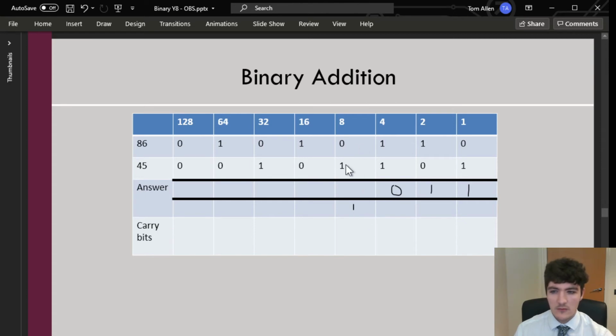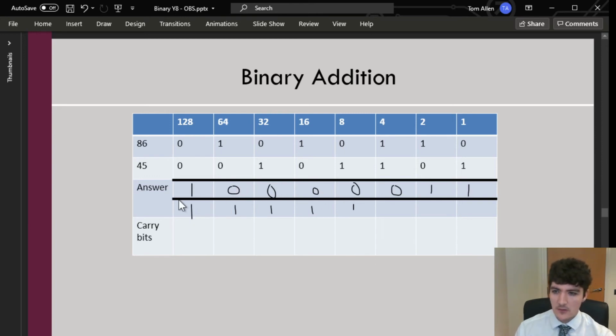And then we go 0 and 1 plus that 1 is 0 carry 1 again. 1 plus 1, 0 carry 1. 0 and 1 plus that 1 is 0 carry 1.